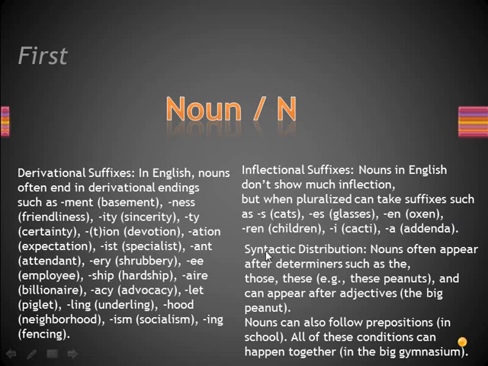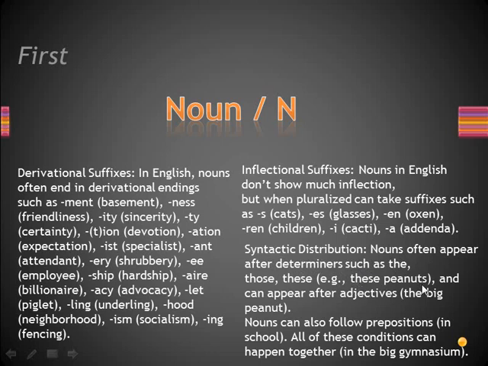And the second distribution is syntactic distribution. It is about the position. So have a look. Nouns often appear after a determiner. So you have to know what a determiner is. We will discuss more about determiners later, but we look at an example like this one.